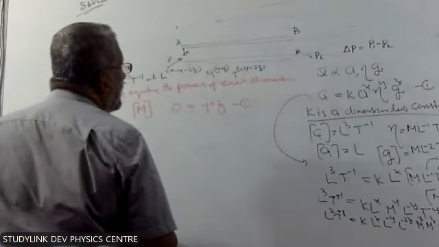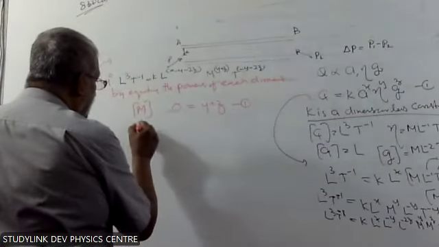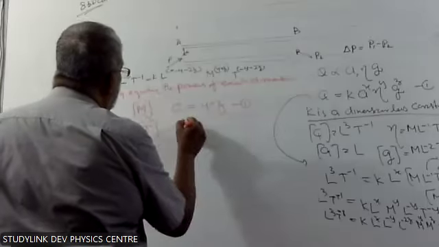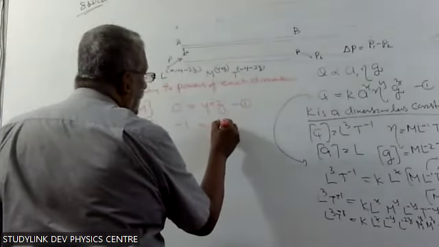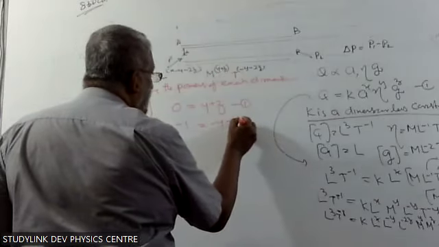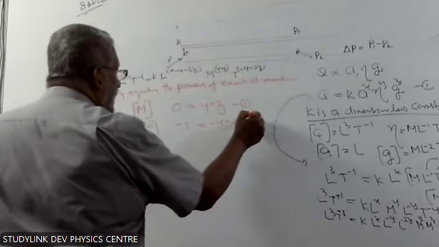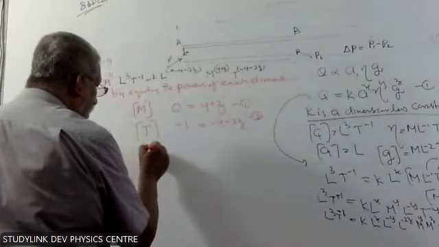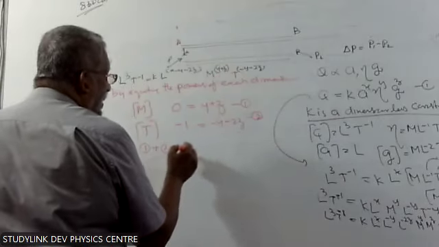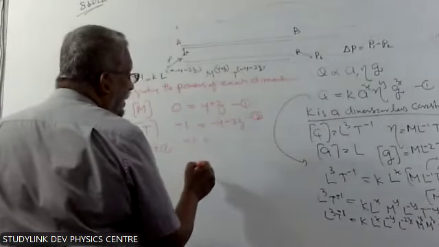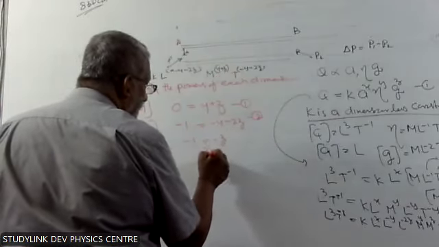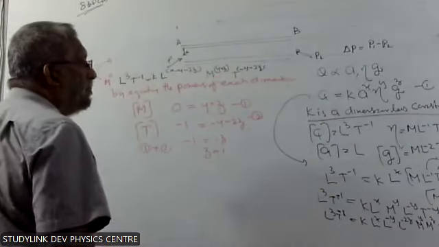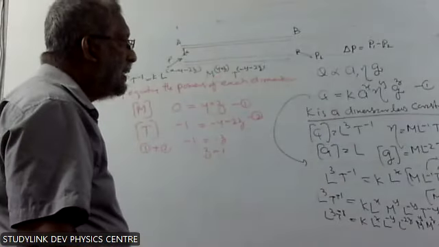Second equation we are taking from T: minus 1 is equal to minus Y minus 2Z. If you add 1 plus 2, then minus 1 is equal to minus Z. Z is equal to 1.